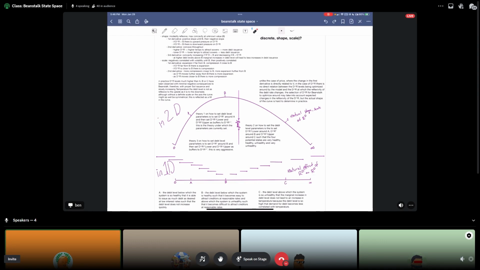Why? Because it's unclear at what debt levels it will really cause a change in the interest rate required for Beanstalk to attract lenders. However, we can still say that at lower debt levels, a marginal change in debt level is likely to have a much larger effect on the debt level Beanstalk needs to pay than the same change in debt level at much higher debt levels.